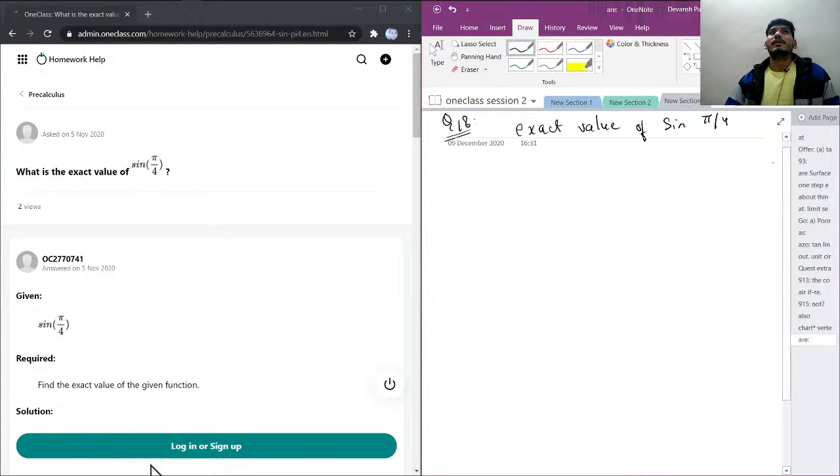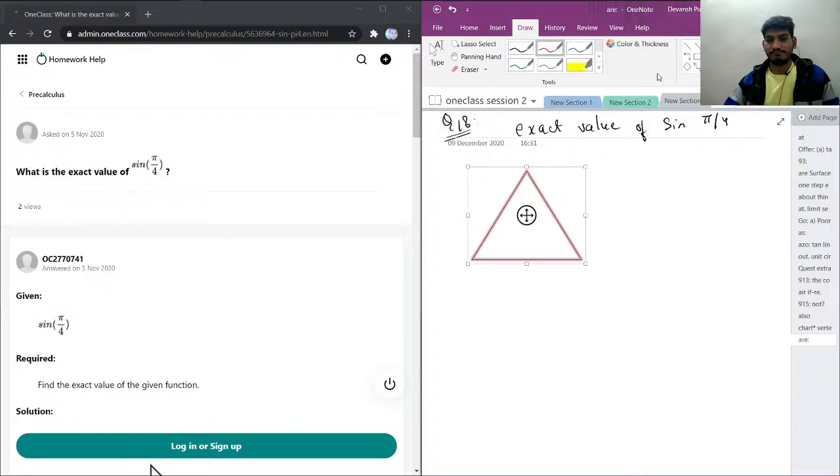So for sine pi by 4, I can take an isosceles right angle triangle.